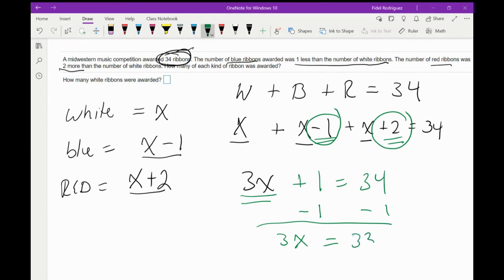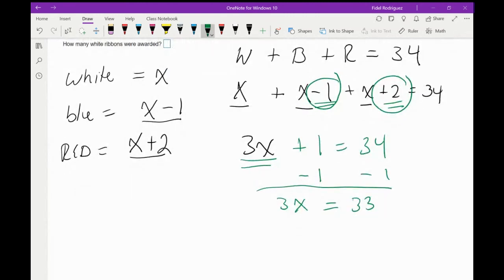So this is where we came up with our 33. And then I'm going to divide both sides by 3. And we're coming up with x is 11, right? So again, remember what x stood for? X were the white ones, right? Good. So that's where we're putting that 11 right there. Excellent.